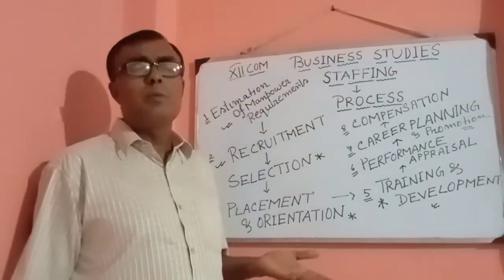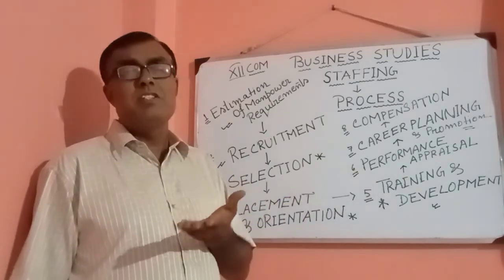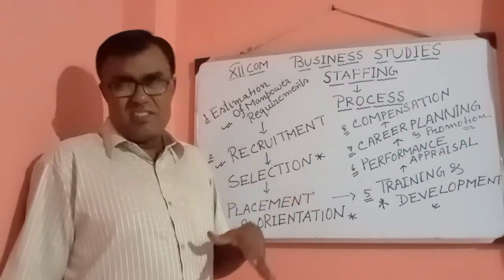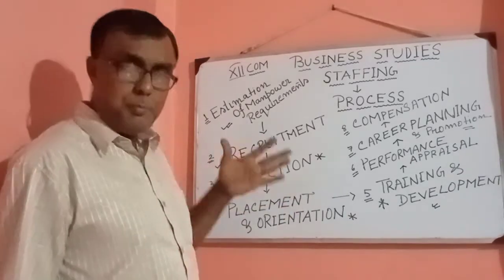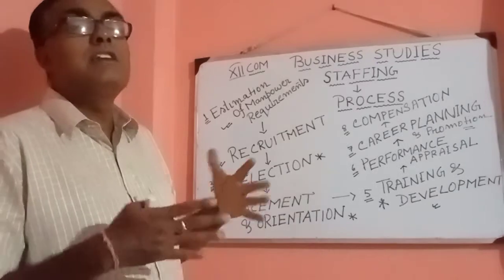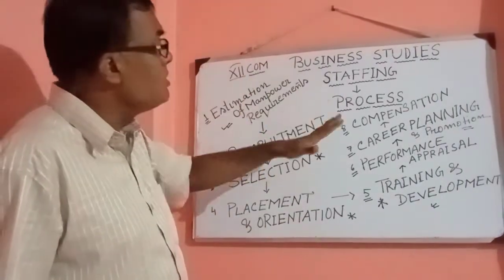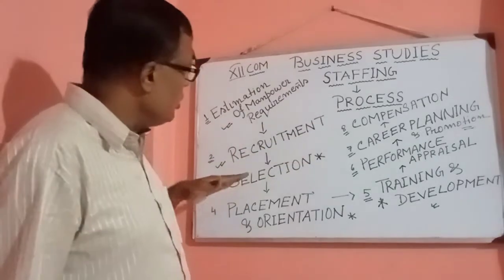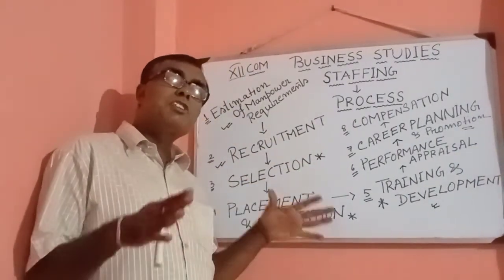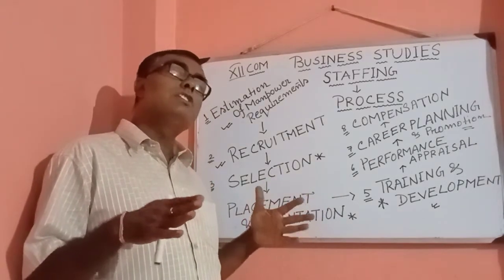There are different types of interviews, personality test, aptitude test, trade test, interest test. You will have to read it in your book, but there is no need to mention the entire thing, because our objective is to write the staffing process.